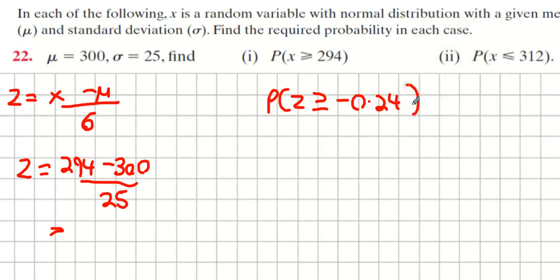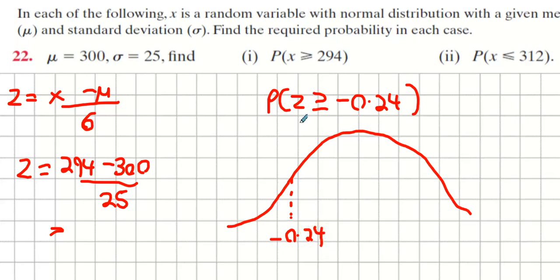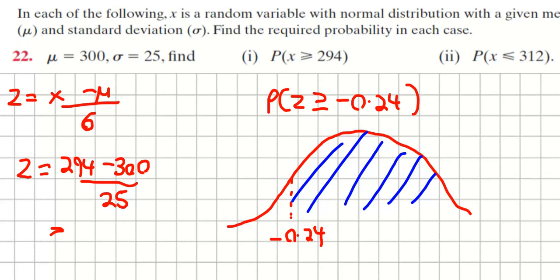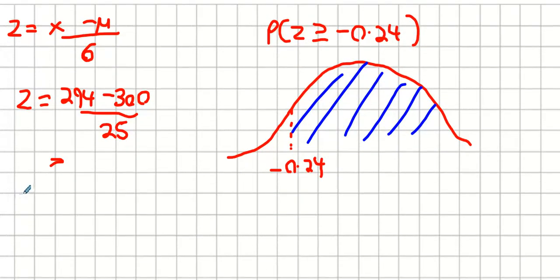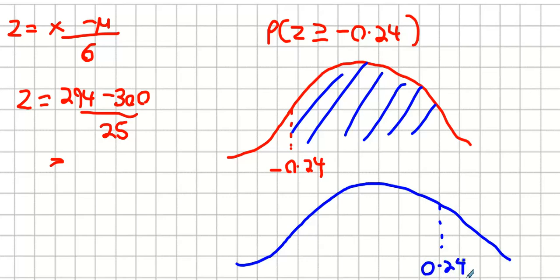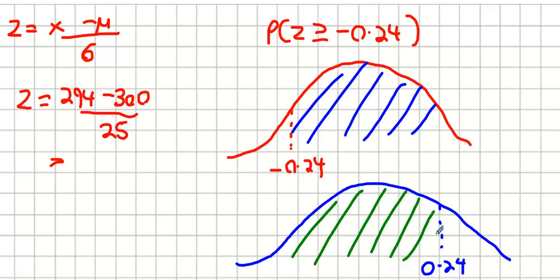If I was to draw my graph, what I'm looking at is what's bigger than minus 0.24. Would you all agree I'm looking at this blue region here? Do you see the way it's the same size of region, doesn't it?